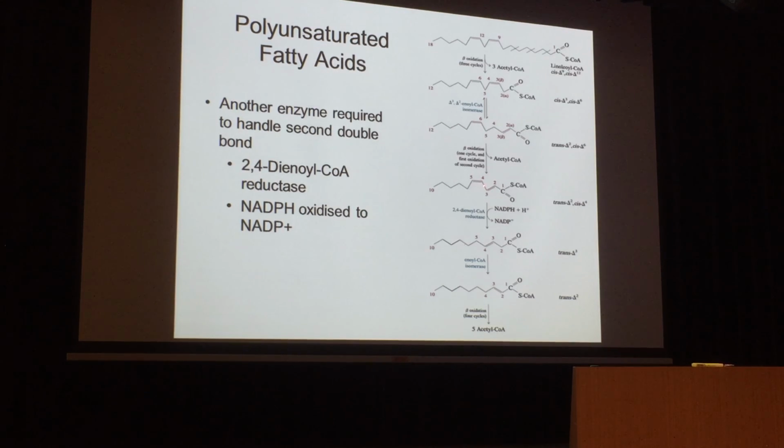Once it moves to the 3,4 position, the problem is still not solved. It needs to be in the 2,3 position. So the isomerase comes in again to move this double bond over here. So you see the situation is the same now. So the polyunsaturated fatty acid will require 2 enzymes to work, compared to the enoyl-CoA isomerase alone.